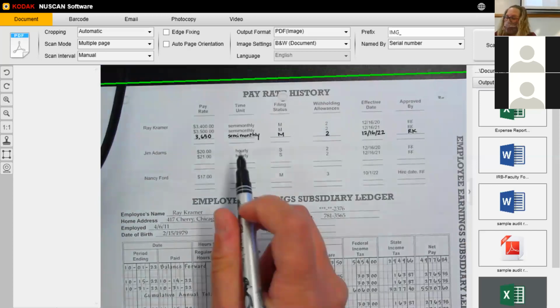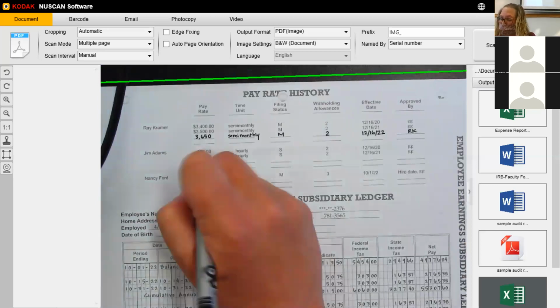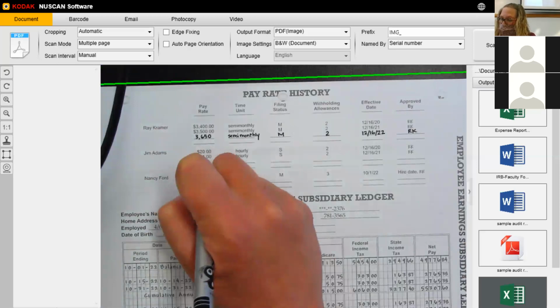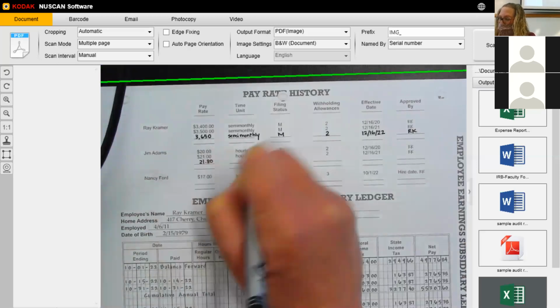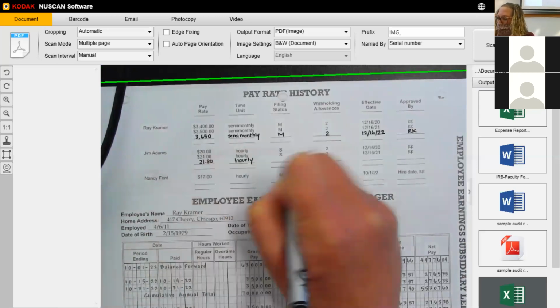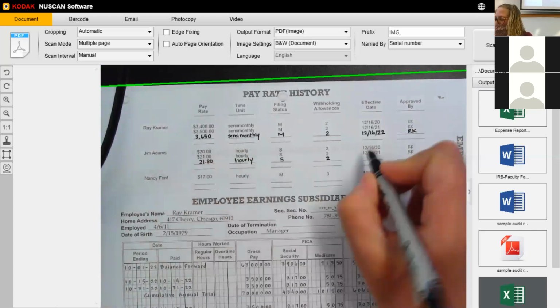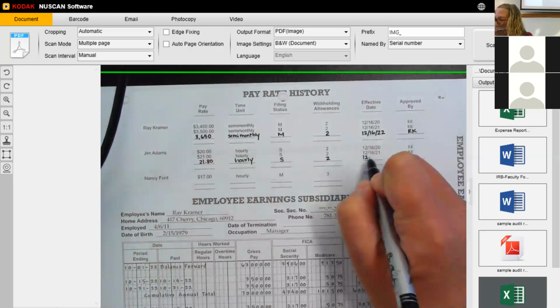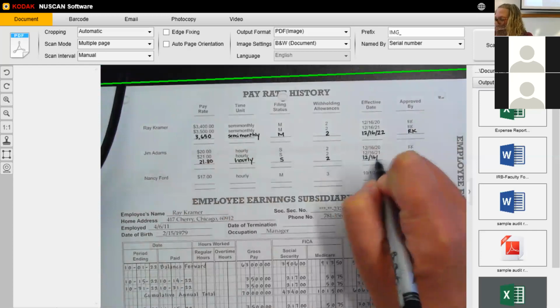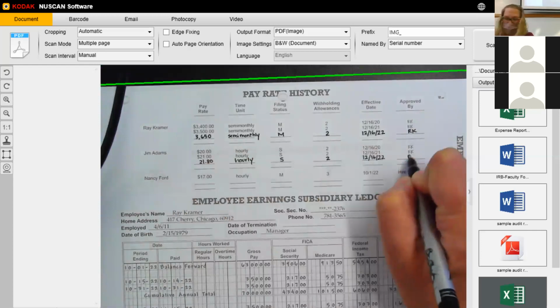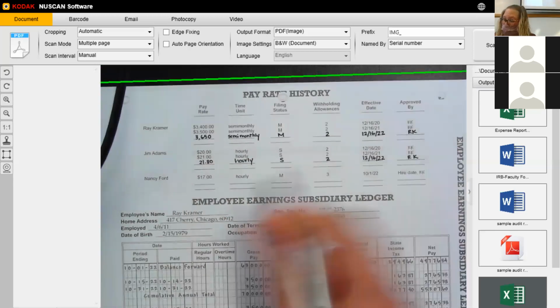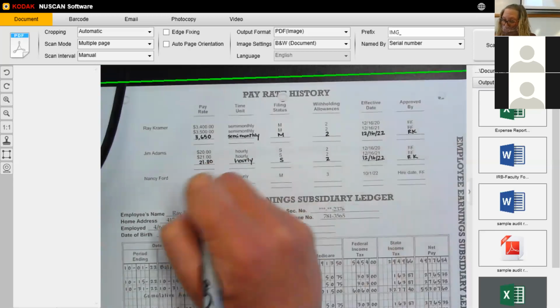So Jim now got an 80-cent per hour raise. And we can complete that table. He's single. 2 allowances. Takes effect this next pay period. And Nancy, she got a $1.30 pay raise.